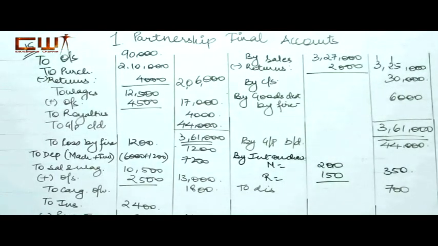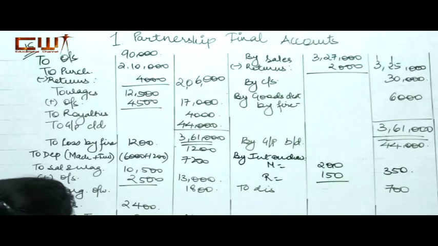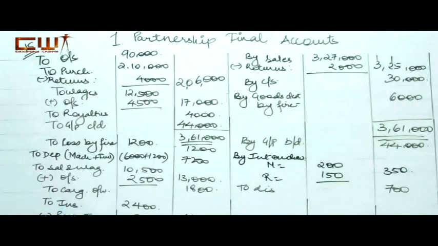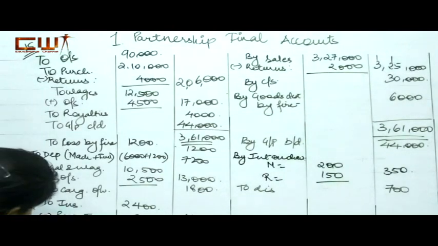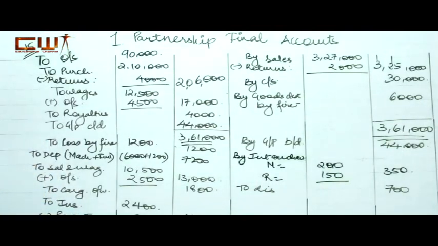Interest on capitals we have to take. Interest on capitals is 8% on both the capitals. So to interest on capital, who are the two partners? You have Mohan and Rohan. So 8% on the capitals.